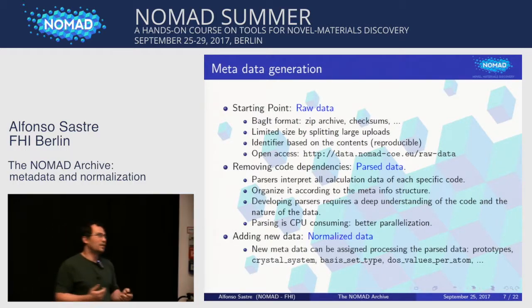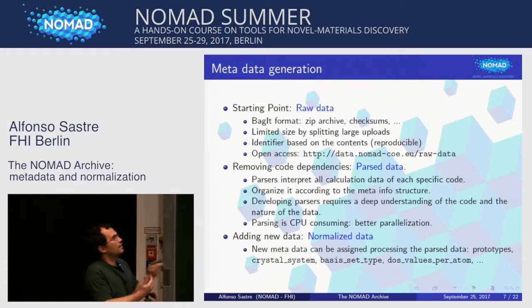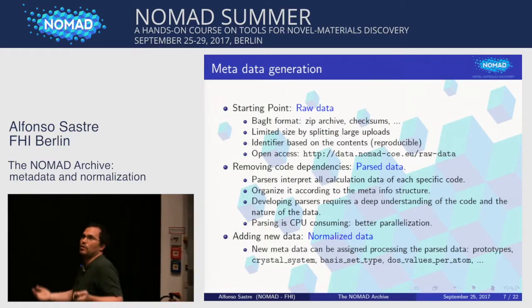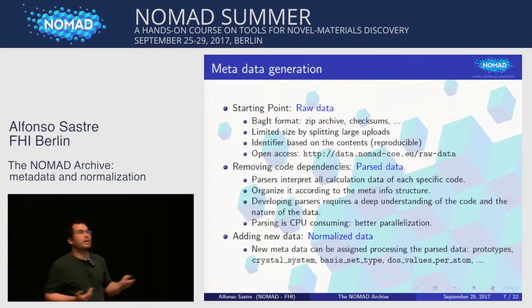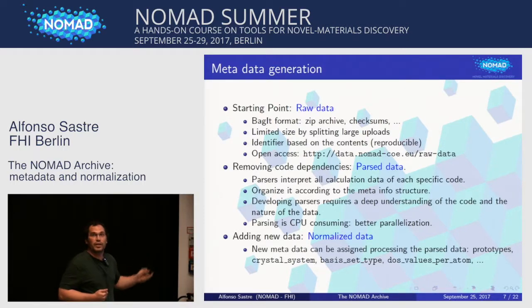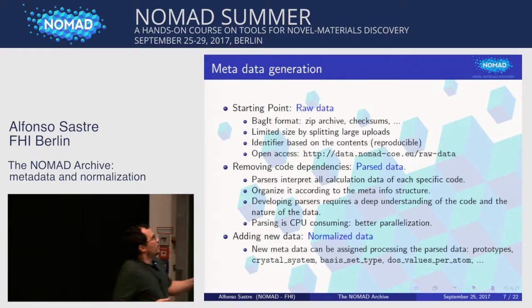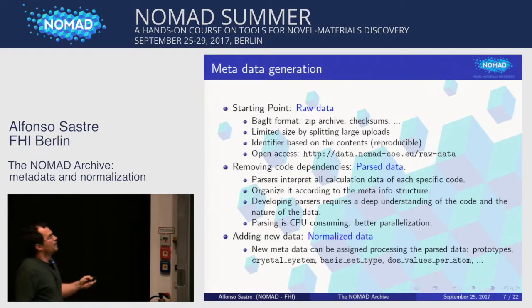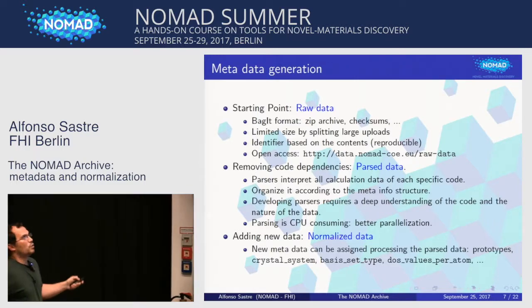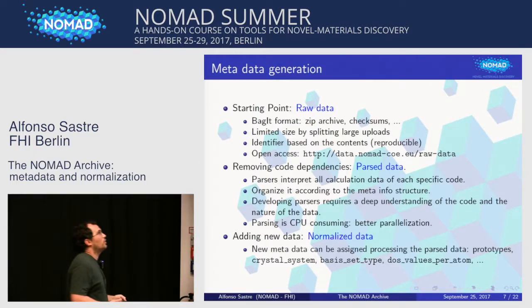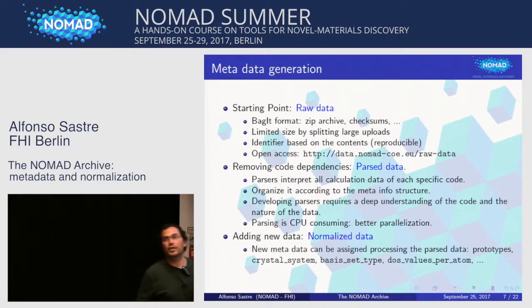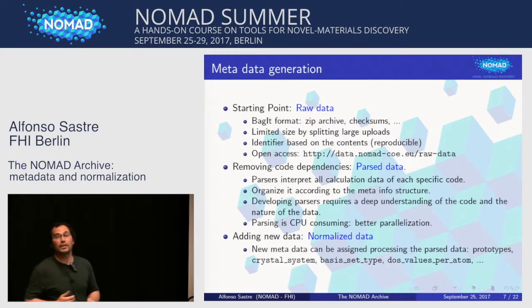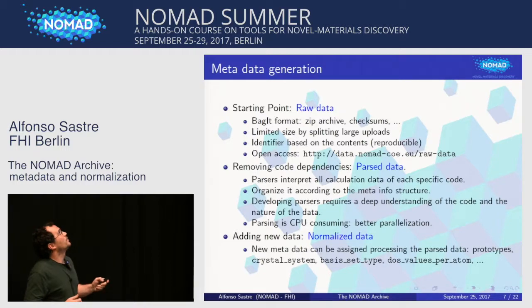I mean, it's not that, okay, I have the data, I compute something for me, and I use it. If it's something useful for everybody, we can also add this to the archive. For example, these are some of the quantities that are already added to the normalized data, but we are adding more and more, and if you are interested in any new quantity, you should tell us. Okay?